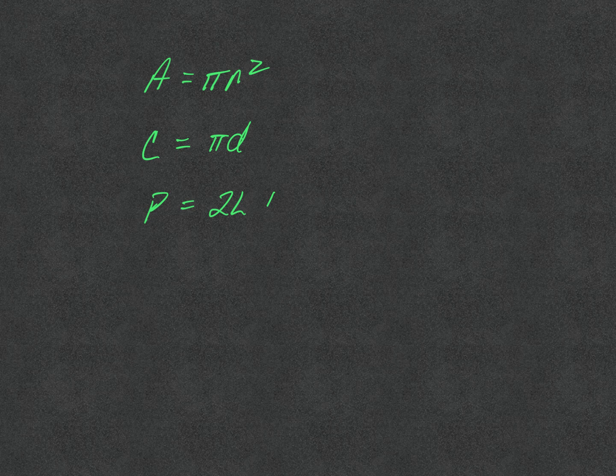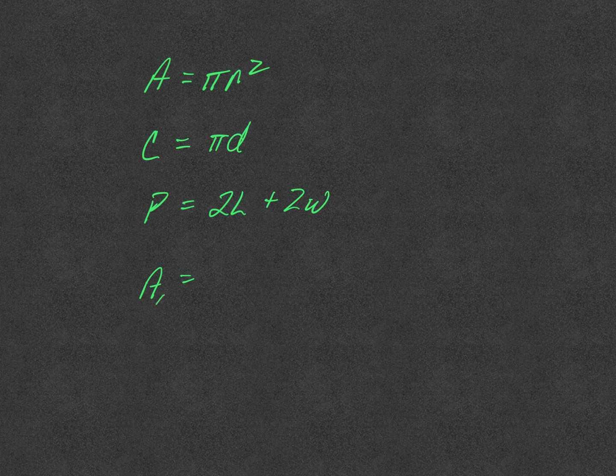Some very common formulas are geometric formulas. For instance, the area of a circle is equal to pi r squared, or the circumference of a circle is equal to pi d. The perimeter of a rectangle is equal to twice the length plus twice the width.